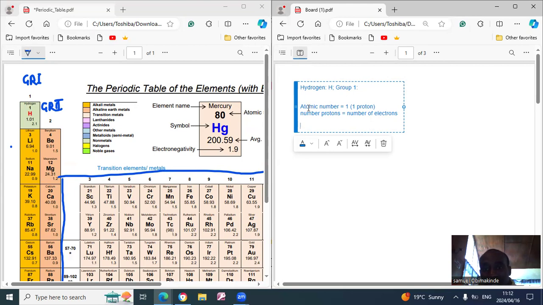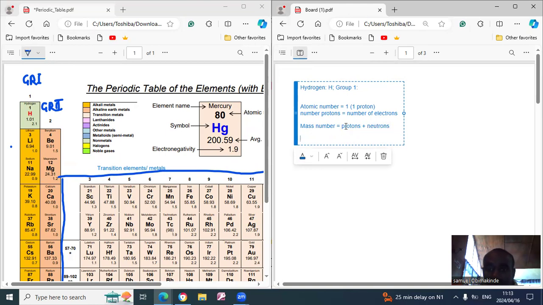Now, we've discussed the atomic number, which is this number on the top of each element. And the next one will be the mass number. So the mass number is the sum of the number of protons plus the number of neutrons.